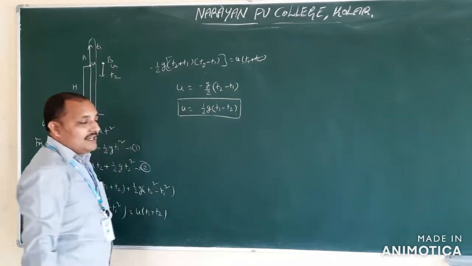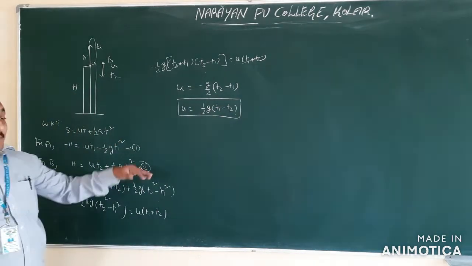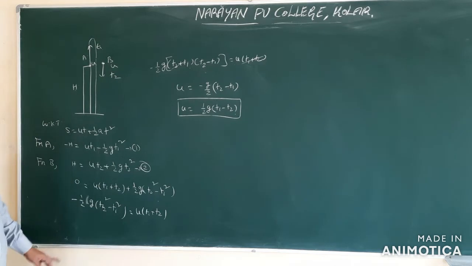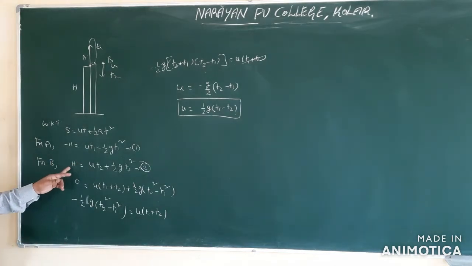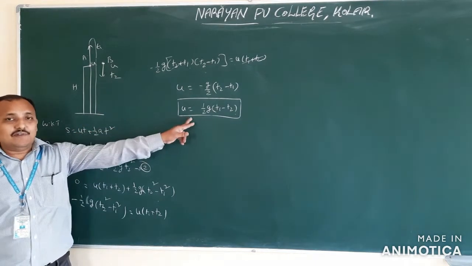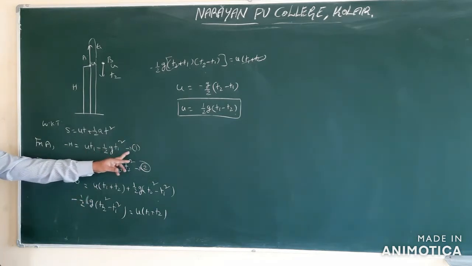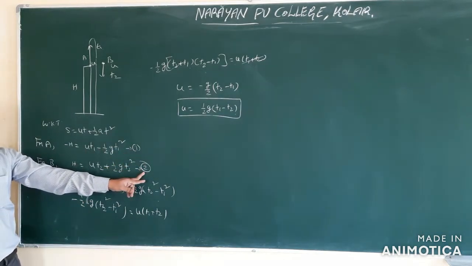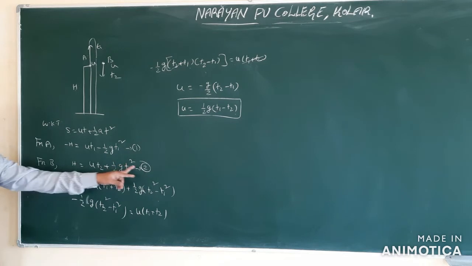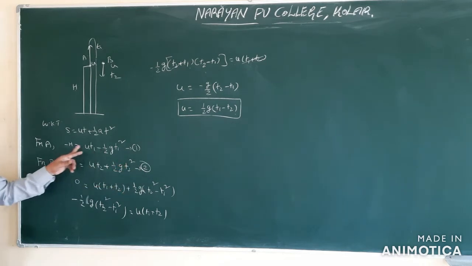So what we got here? Initial velocity. But they are asking what is the height. Height means this u value you can substitute either in equation 1 or in equation number 2. If you substitute in equation number 2, because here no negatives are there, here also no negative will be there in this equation, therefore we want this h.